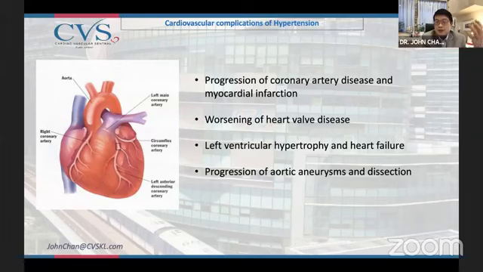And of course, if you already have an aneurysm, then blood pressure control is even more important, because in uncontrolled hypertension or high blood pressure, in the presence of aortic aneurysms, then aortic dissections can occur.